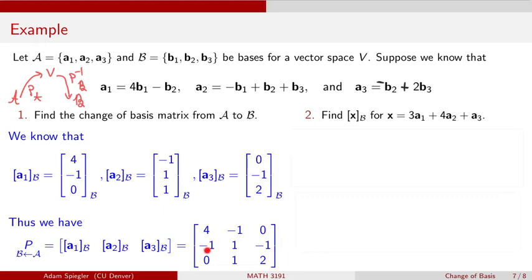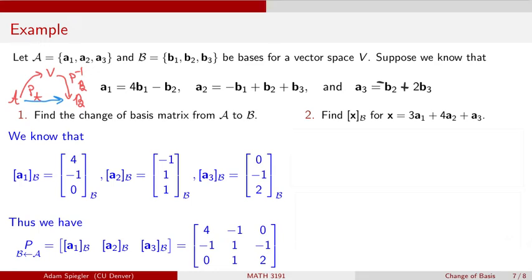And again, all of these weights we're getting from the given information. We were given the B coordinates for each of the basis vectors in basis A. So here we've got a matrix which is going to allow us to just go from A directly into B without having to make a pit stop in the standard basis of V along the way.